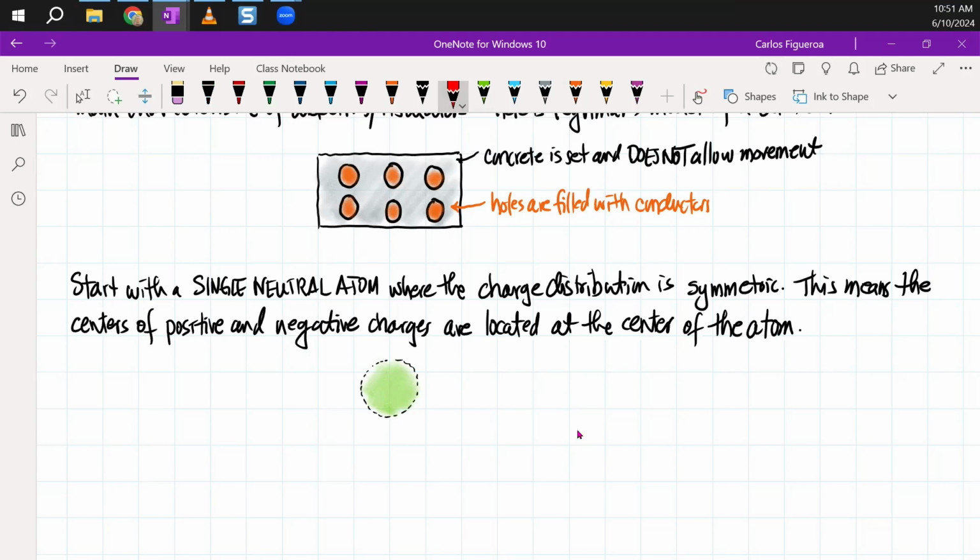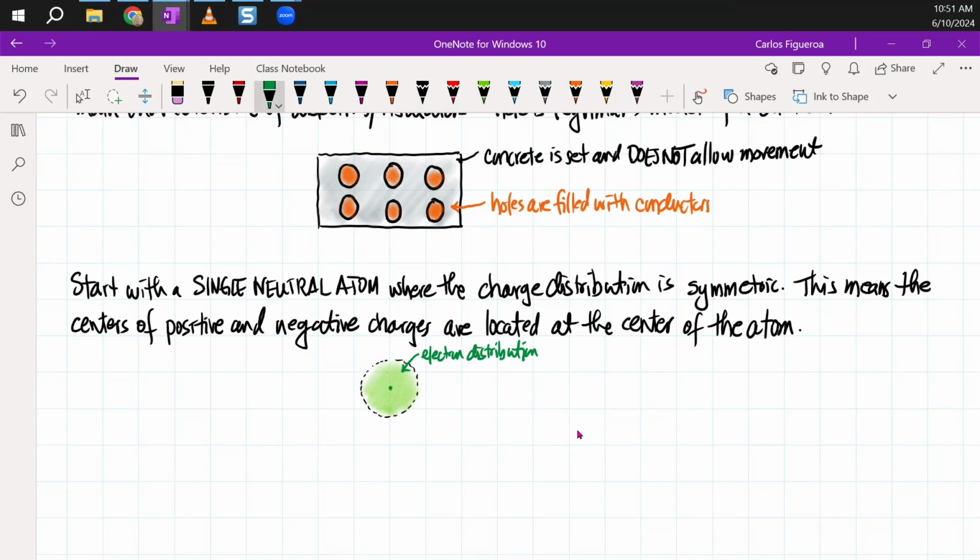So this here is the electron distribution, and that means we have a probability of finding the electron around here.